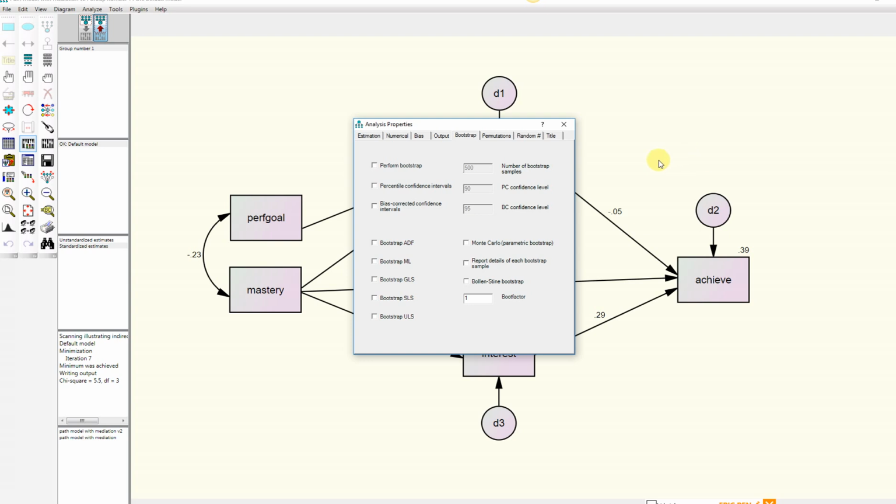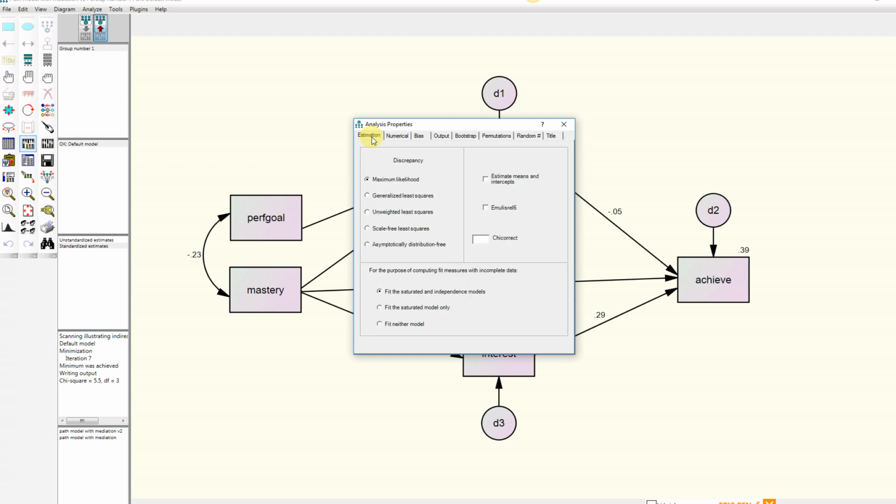So to do this in AMOS, first of all, one thing to note is that this button cannot be clicked. So in other words, if you have any missing data whatsoever in your analysis, then you're going to have to deal with the missing data problem first by generating a complete data set. And this cannot be clicked, otherwise it's not going to work.